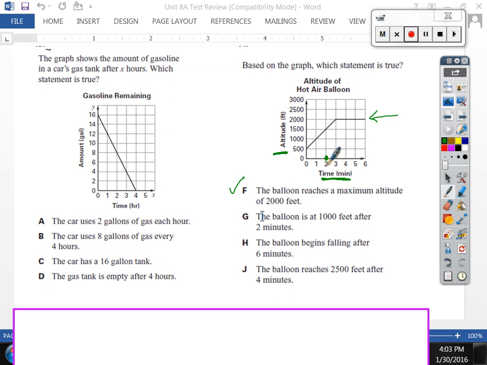After 2 minutes, I'm at 1,500 feet, so that's not true. Then it says it begins falling after 6 minutes. Maybe it does, maybe it doesn't, we don't know. Then it says the balloon reaches 2,500 feet after 4 minutes. After 4 minutes, that's at 2,000 feet, so that's also not correct.